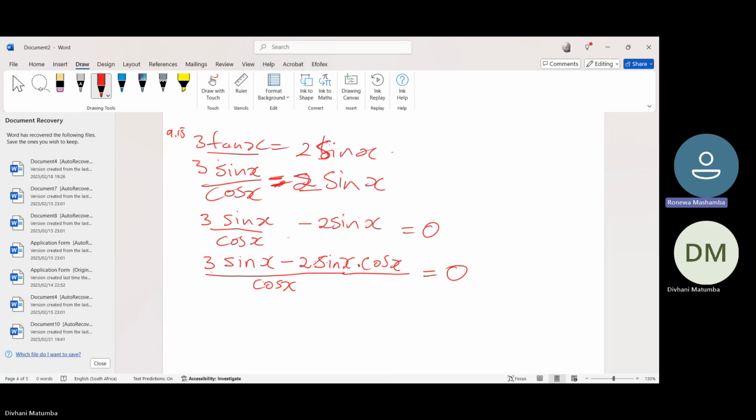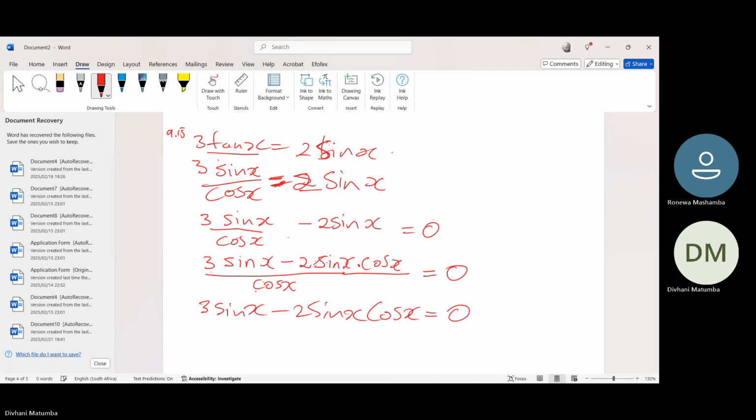Okay, so from here, would we not just say 3 sine x minus 2 sine x times cos x is equal to 0?